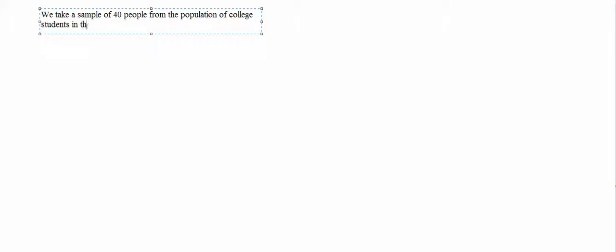Now, how would we create a confidence interval if we were taking a sample from a large population? For example, we take a sample of 40 people from a population of college students in the Bay Area, and we calculate the mean GPA of our sample.